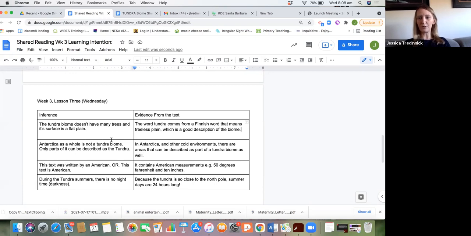You don't need to reword it because I'm not saying that this is my writing. I'm saying that this is the text, the author's writing from the text. My writing is my inference, that you need to write down what you're thinking. Okay, have a go, and also watch out for my feedback for this as well.